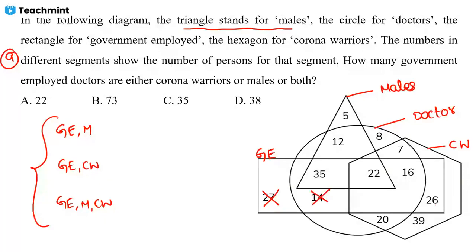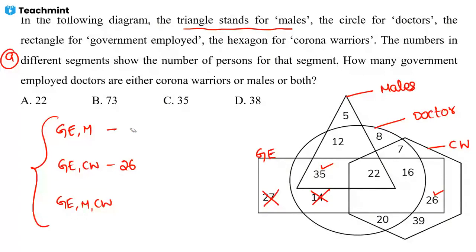What about this 26, sir? This 26 is GE, government employed, and corona warrior. That 26 should be counted, because this is rectangle and hexagon, which is nothing but corona warriors and government employed, counted. Then 35 is male, government employed male. They are doctors also, okay, but we want the male category, so we should count that 35.